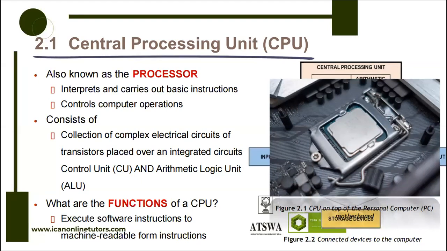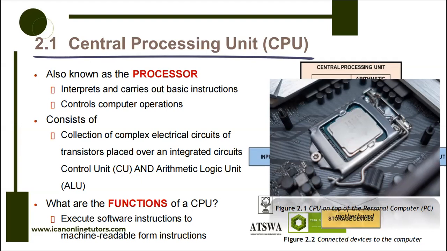So the major function of our processor is to interpret this set of instructions, and it controls computer operations, because a computer is meant to either break down a process for us or build up a process for us.